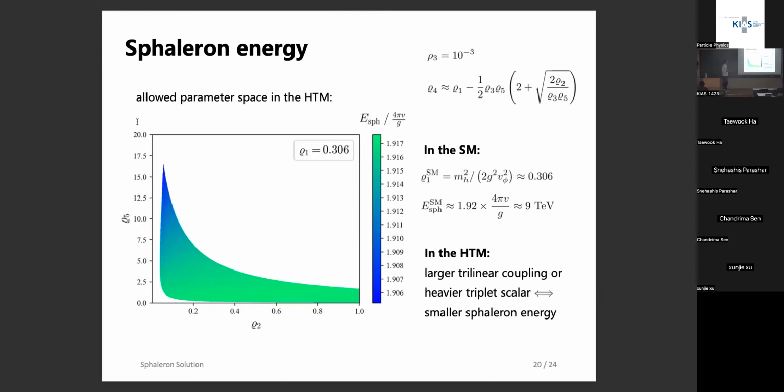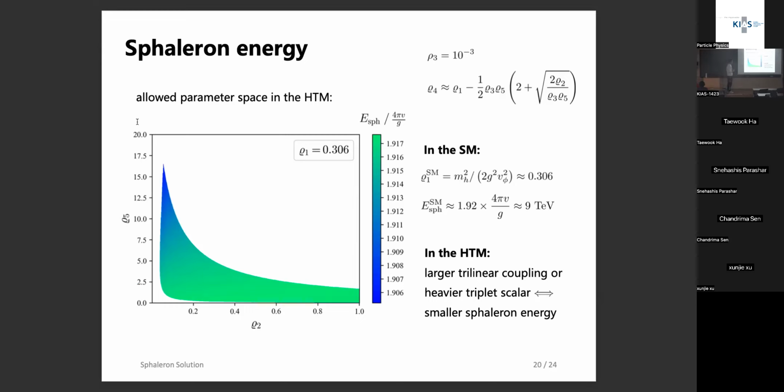Okay. Now we show the Sphaleron energy in terms of the ρ2 and ρ5 parameters. And we keep ρ3, which is the VEV ratio, at its upper bound. And ρ4 can be calculated using the other 4 parameters as a good approximation.